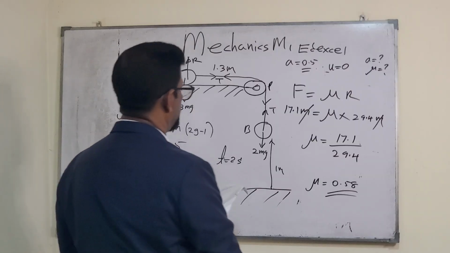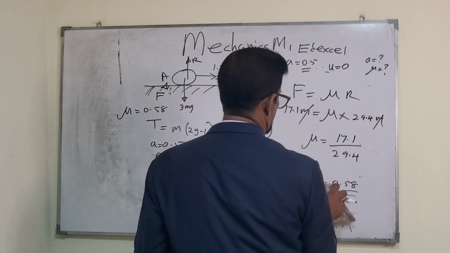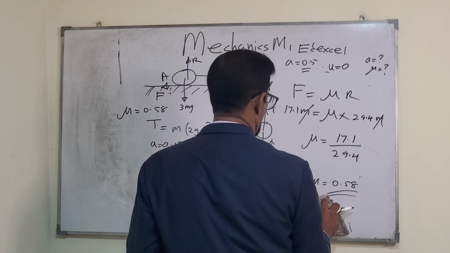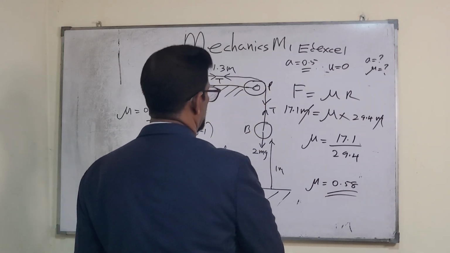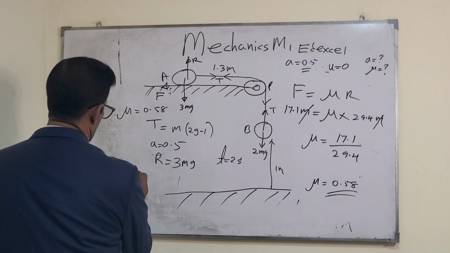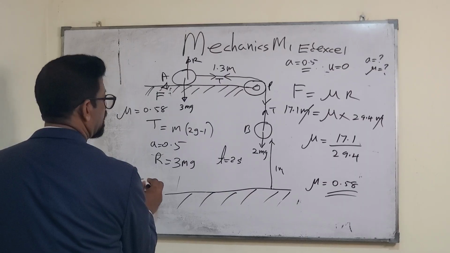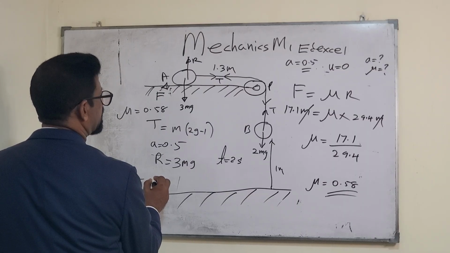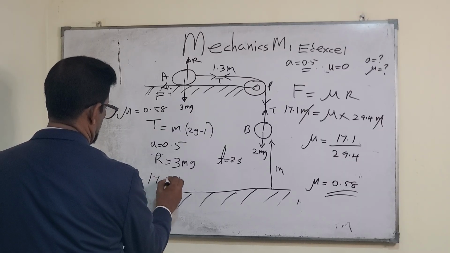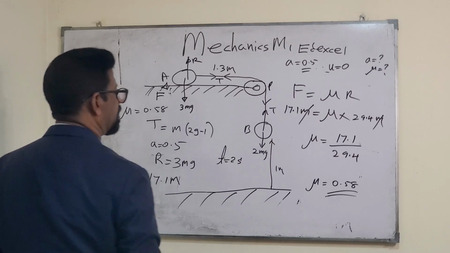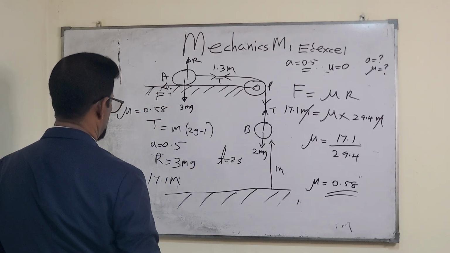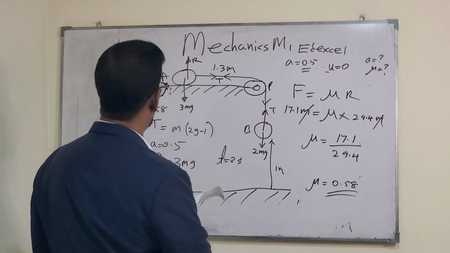Then after tension release, okay, mu, rod, A, everything given. Then friction force equals 17.1 m. Normal reaction no need.